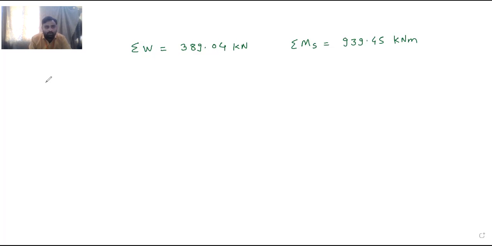To calculate the overturning moment, first we will calculate the maximum force due to lateral soil pressure, that is P. So how do we calculate that?